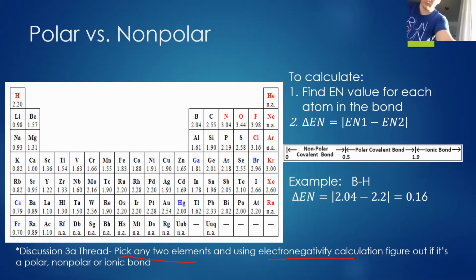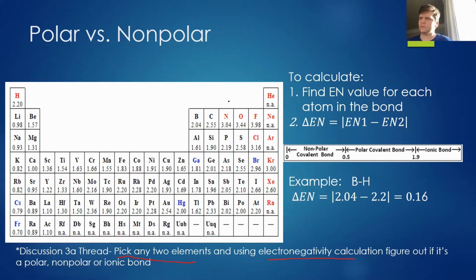A polar covalent bond would be that egg-shaped one where one of the atoms involved wants the electrons more. And then we have an ionic bond, where it's two completely different atoms and electrons have been transferred. We can figure out what type it is using this electronegativity table.